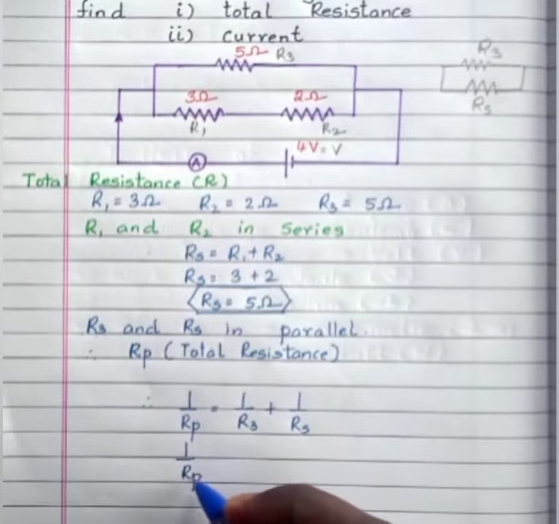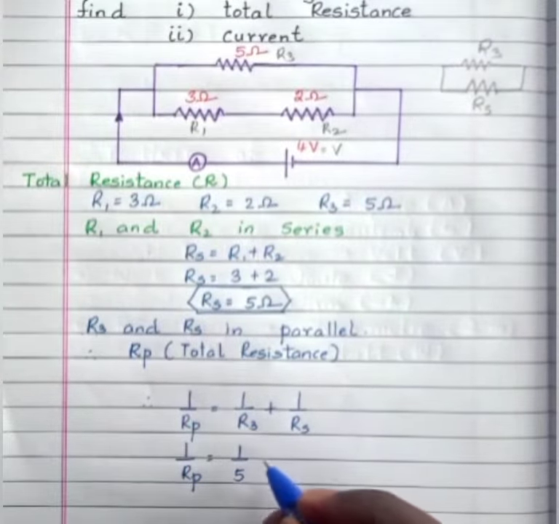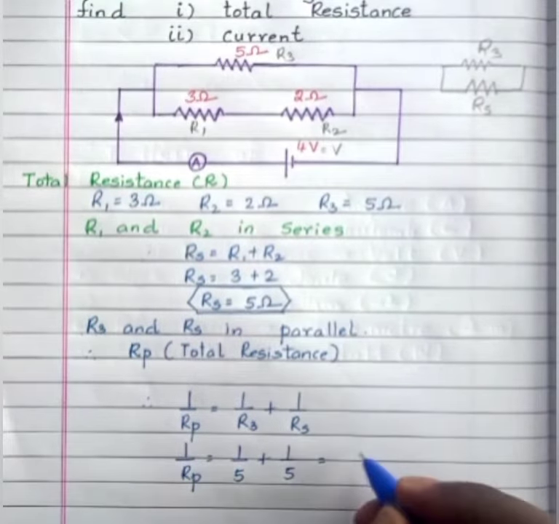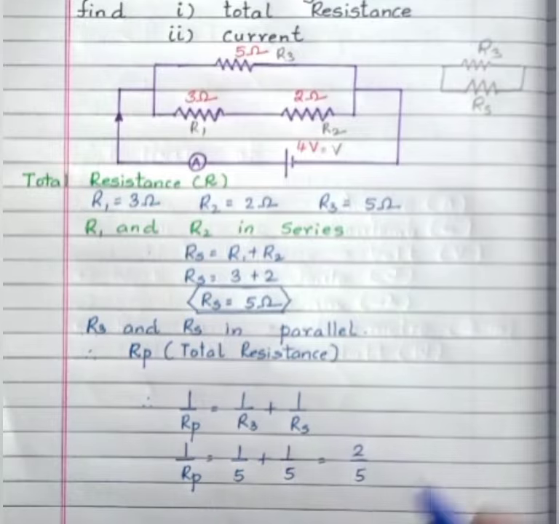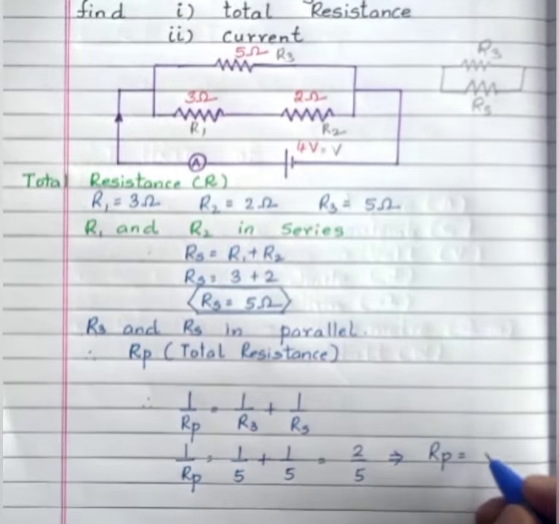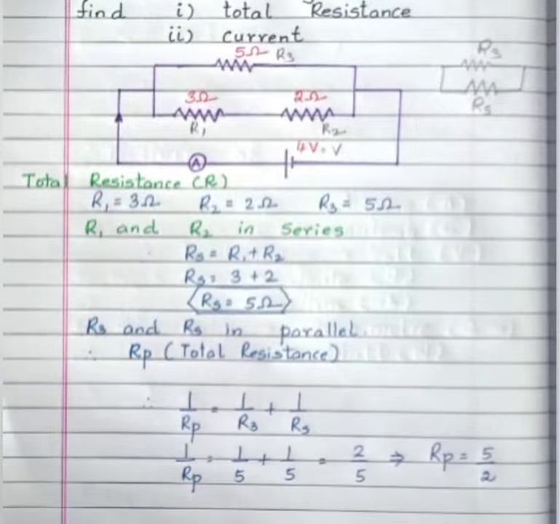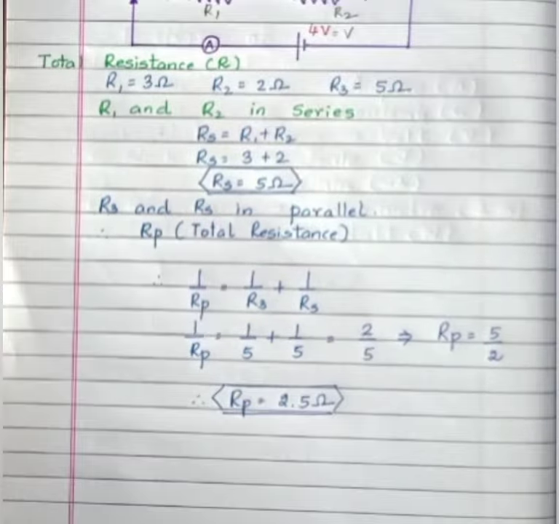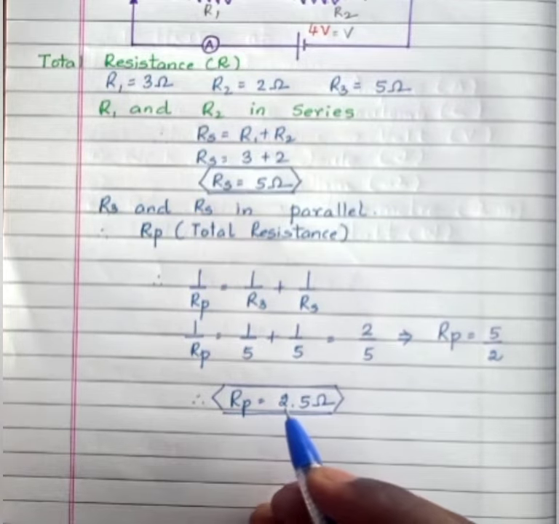Substituting the values, 1 by Rp equals 1 by 5 plus 1 by 5. Since the denominators are the same, add the numerators, we get 2 by 5. Now cross multiply, we get Rp equals 5 divided by 2, which is equal to 2.5 ohm.